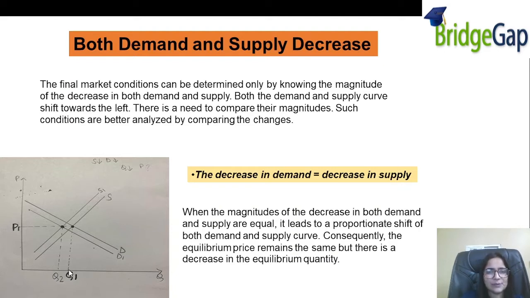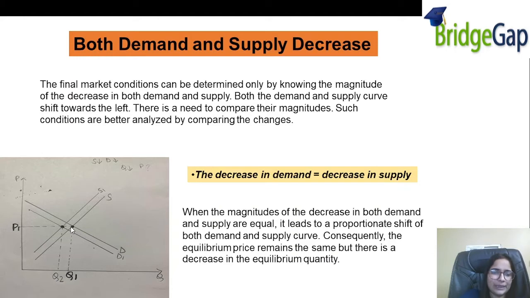The first case we are discussing is when the decrease in demand is equal to the decrease in supply. So what will be the condition? This is my supply curve S. If my supply curve shifts to S1, there is a decrease in supply, so of course it shifts leftwards, and my demand curve D also shifts leftwards if there is a decrease in demand.